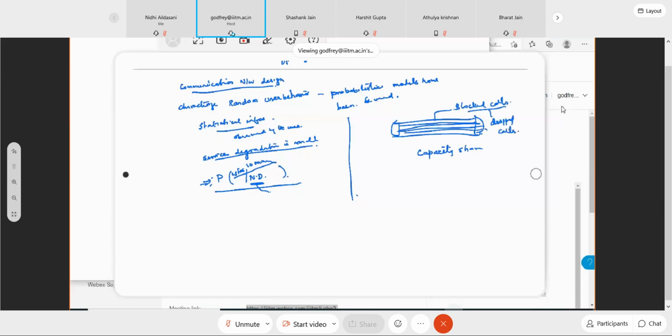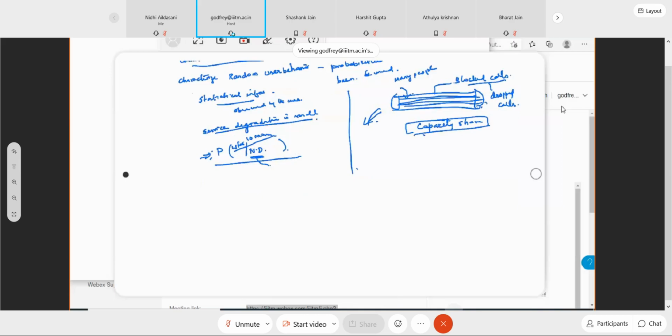Are you able to understand this? Right? So you have this link that is used by many people. When many people use this link, they are doing capacity sharing. Now there are two main kinds of systems with respect to capacity sharing.